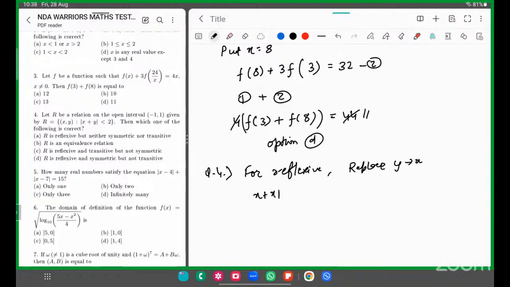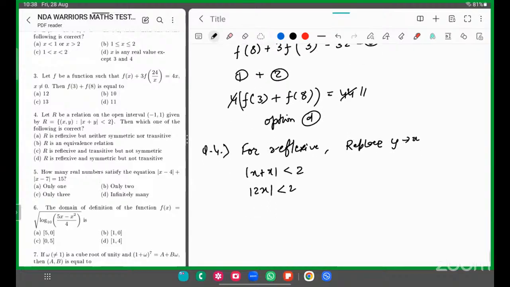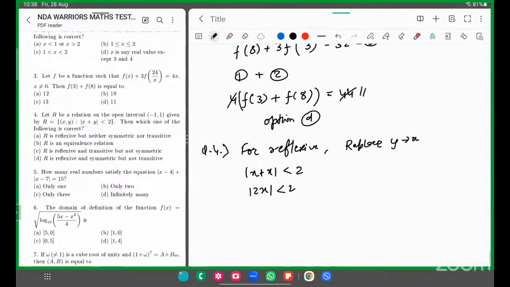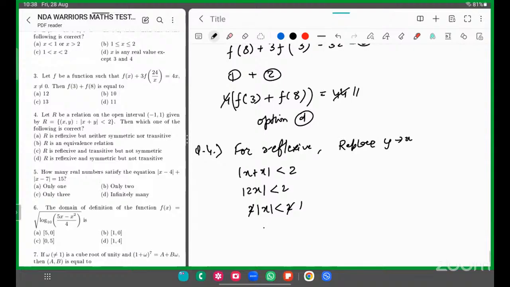Mod of x plus x less than 2 means mod of 2x is less than 2. The 2 and 2, if you cancel them out, 2 we can take outside of the mod. 2 and 2 will get cancelled out, 1 will be there. So they are saying that mod x is less than 1.